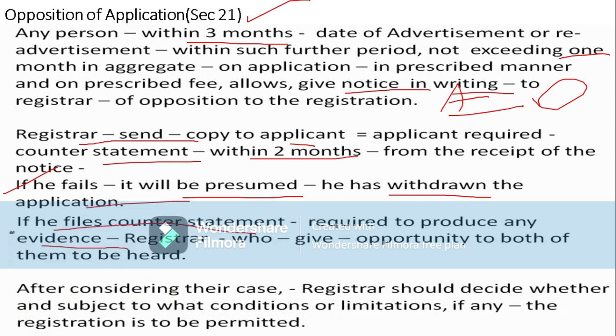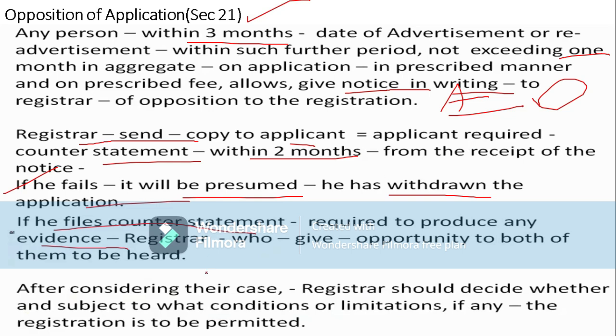The opposition party has already opposed the registration in writing by giving notice on grounds of refusal, along with the reasons. The applicant also counter-claims and produces evidence. So now the registrar will give both parties an opportunity to be heard in the case.